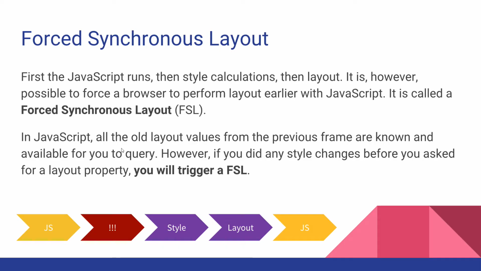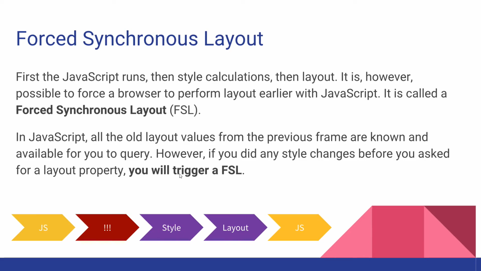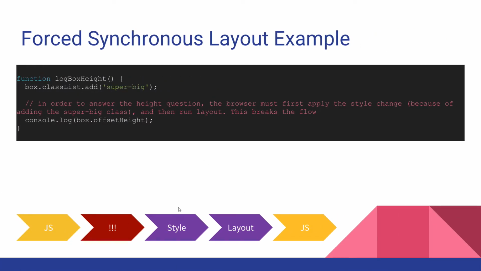You should know that in JavaScript, all the old layout values from the previous frame are always known. But if you make any style changes before you ask for a layout property, you will trigger an FSL. Let me show you what I mean. This is the simplest FSL example. We have a function which adds a class to the box element and then immediately logs the box's height. Because you just added a class, the browser has to run the entire style and layout phases to know what that box's height is.